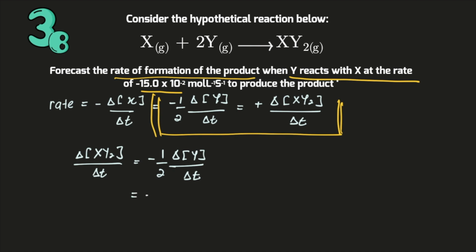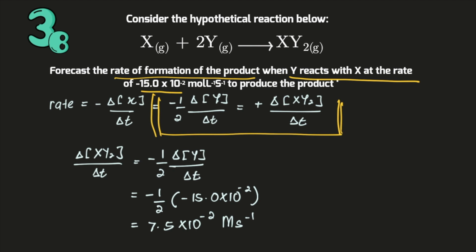So, equivalent to negative 1 over 2 times negative 15 times 10 to the power of negative 2. So, you shall get the rate of formation of the product equivalent to 7.5 times 10 to the power of negative 2 molar per second.